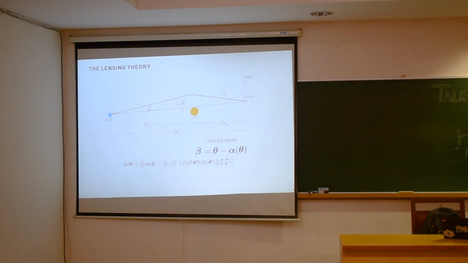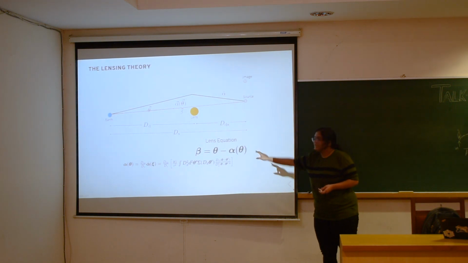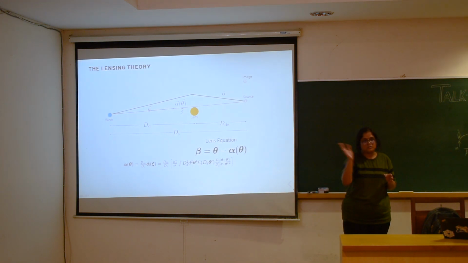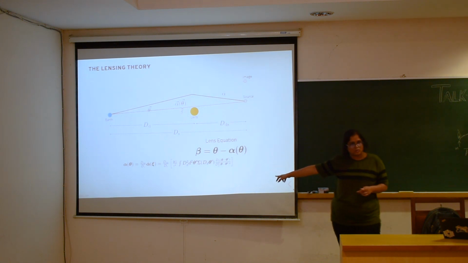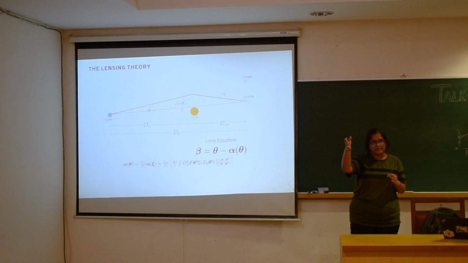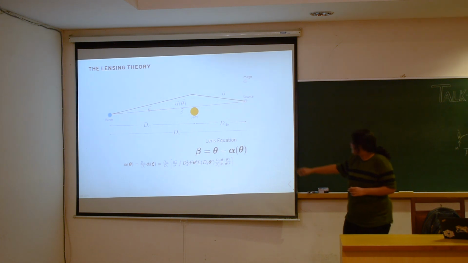Similarly, the parameter theta falls in the image plane because it gives the angular position of the image. What this lens equation does is give a transformation from source plane to image plane. If we know the angular position of the source, we can go to the image plane, and if we know the angular position of the image, then we can go to the source plane, if we know this parameter alpha of theta. So we need to know this parameter.